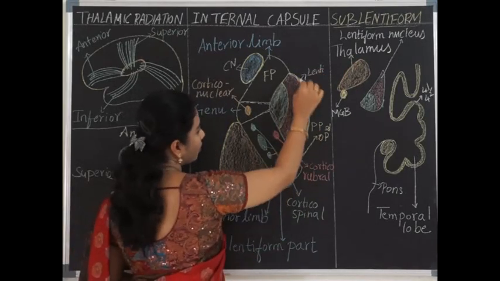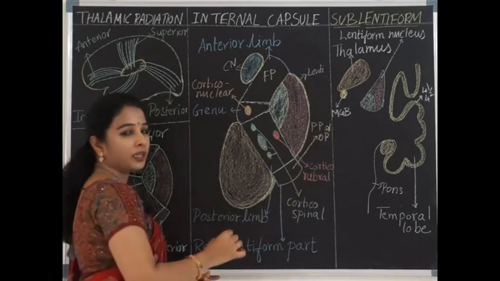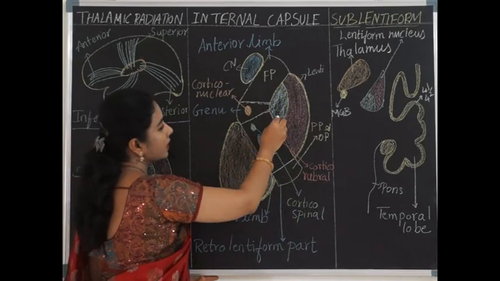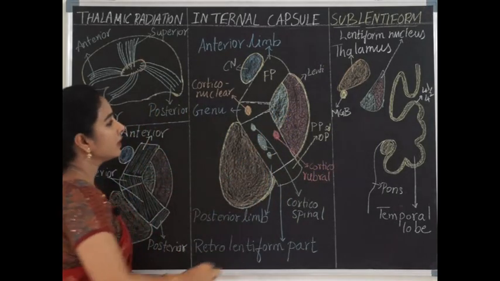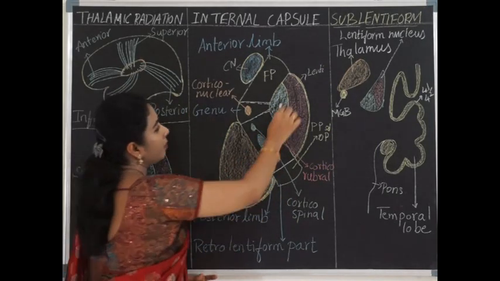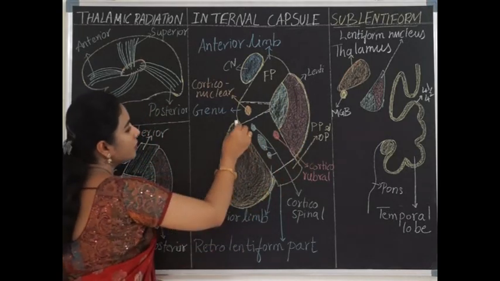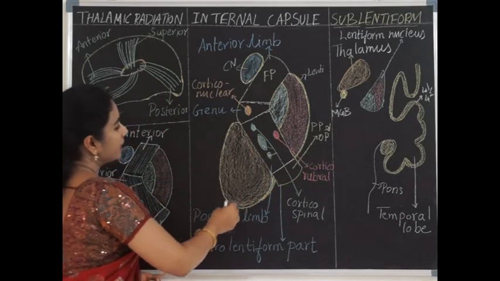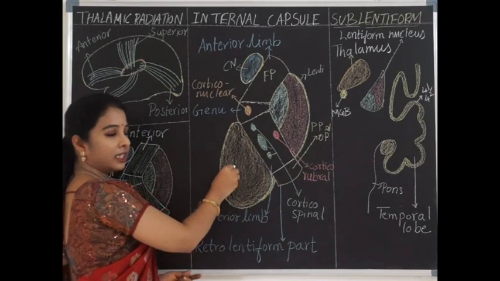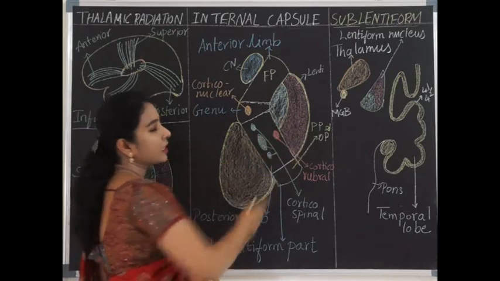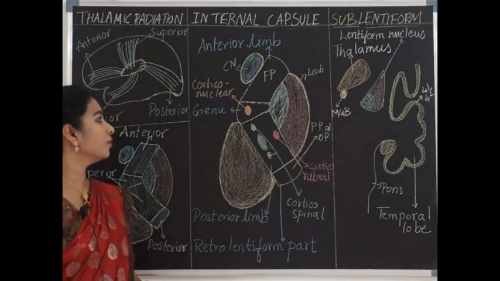This is the lentiform nucleus, which is a part of the basal ganglia. The medial part of the lentiform nucleus is called the globus pallidus, and the lateral part is called the putamen. And the posterior limb is present between the thalamus medially and the posterior part of the lentiform nucleus laterally.